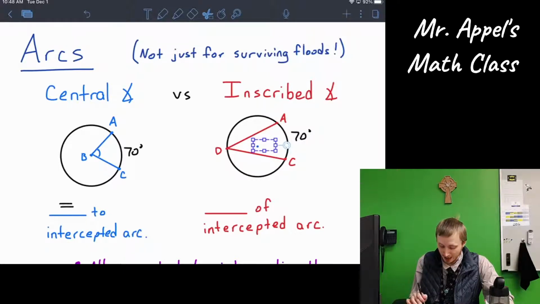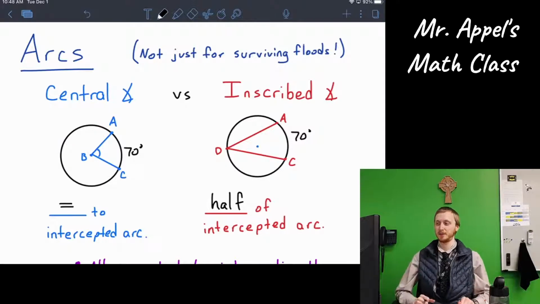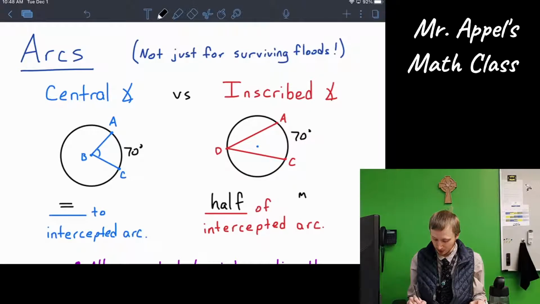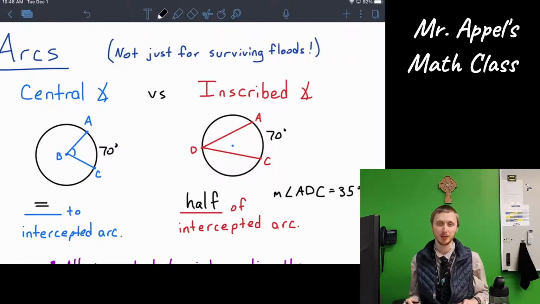But exactly how much smaller? Turns out they are, in fact, precisely half of the intercepted arc. How's that for convenient? So that would make the measure of angle ADC equal to 35 degrees in this example.